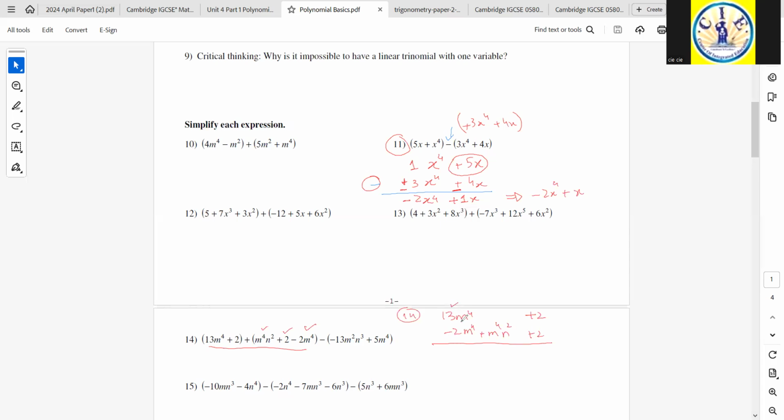So from 13, I'm going to subtract 2 because it was having a negative sign with it. So it is 11m raised to the power 4, plus m raised to the power 4 n squared is the same, and plus 4. And now from this result, I need to subtract this one.